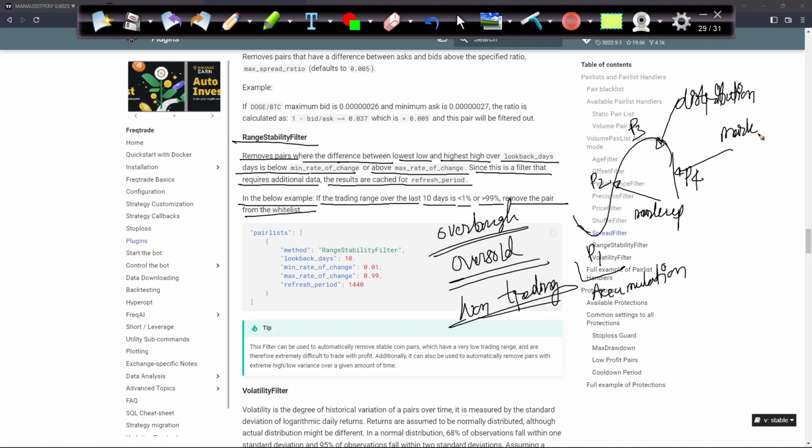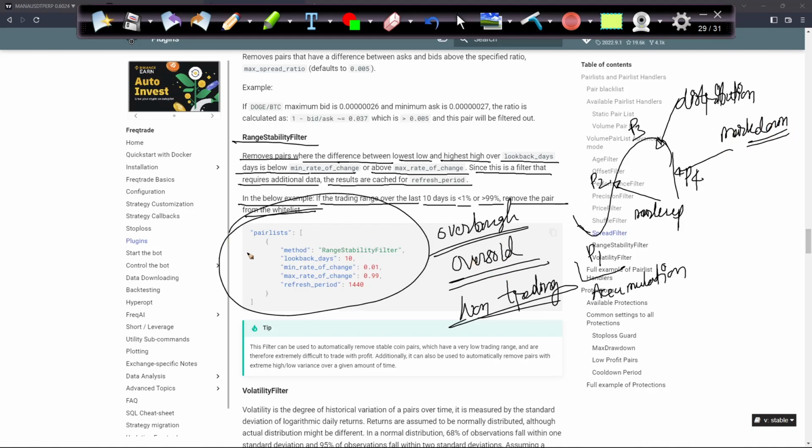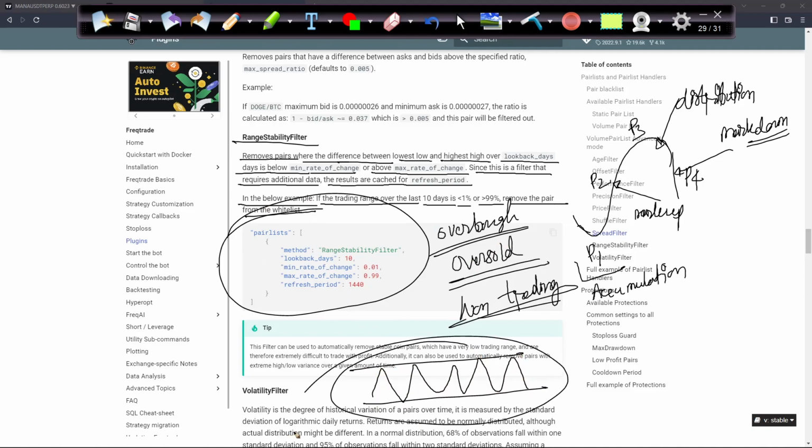All right, now what we are saying here is that if the market is accumulating or something, we don't want to be trading in this range. When the market breaks out of this level making a minimum 1% change, then we want to be active in the market, so that we have this trending environment here.